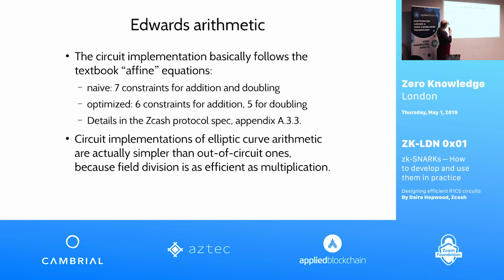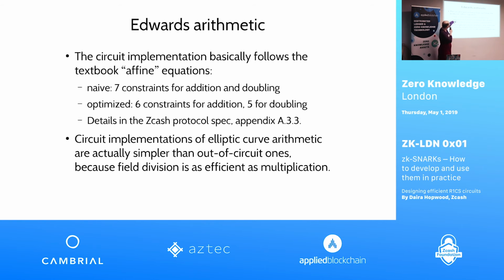There's a way of, so if you just write down the equations as you would find them in one of these papers that defines the curve, the obvious way of doing it is having 7 constraints, and then you can get that down to 6 or 5 by rearranging things.